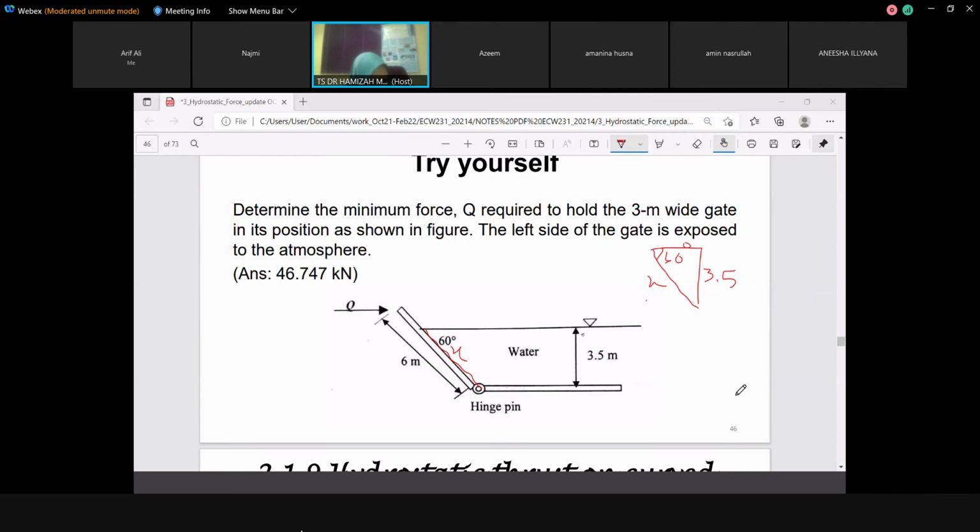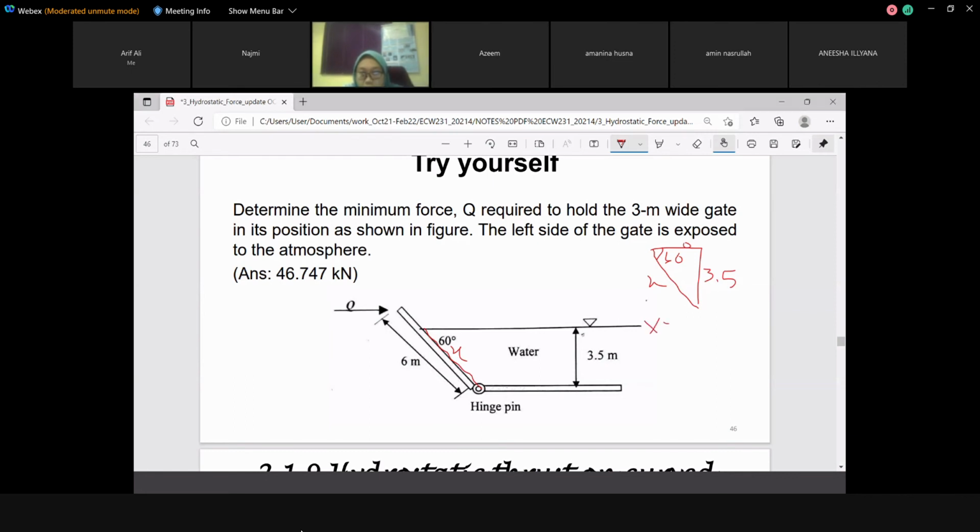Tengah kira doktor. Okey, terkira dulu. Saya dapat 4.04 doktor. Bagus. Siapa? Najmi, good.